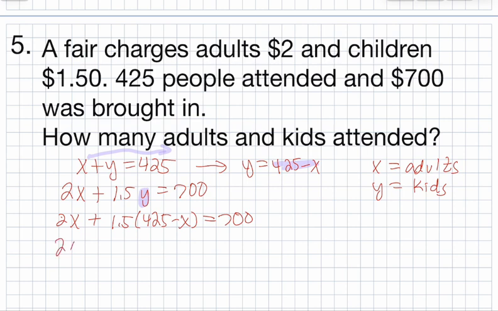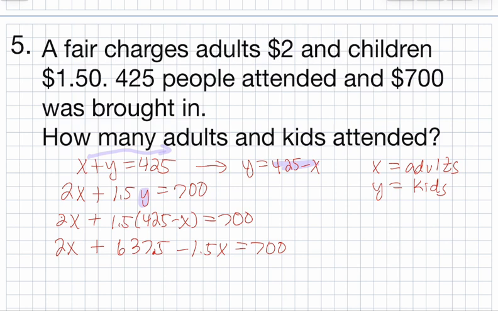Okay, so we get 2x plus 637.5 minus 1.5x equals 700. Now it's starting to look a little more like a simple equation. We can put the x's together. We can put the numbers together.